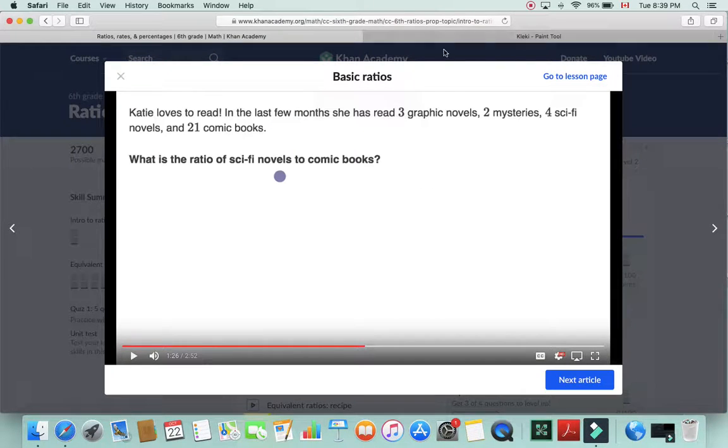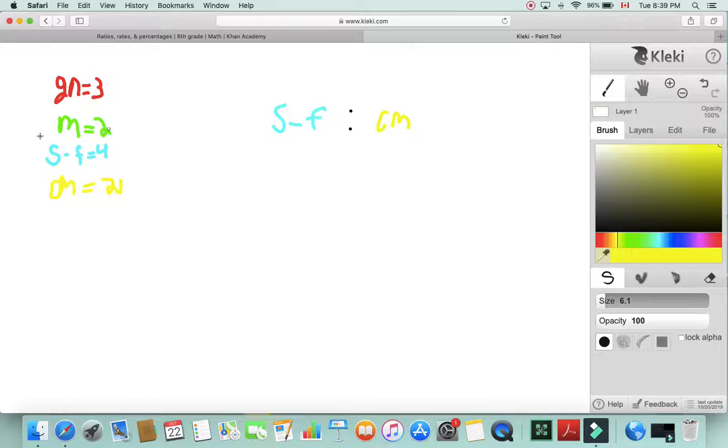And just like we did for the first question, we just plop the numbers in. So the first number is 4, and the second number is 21.